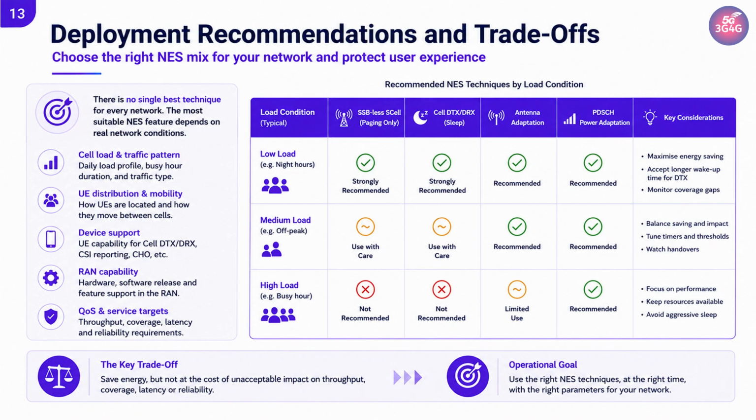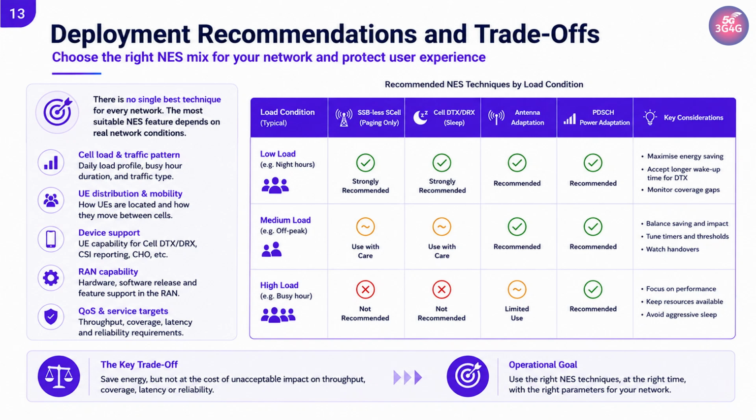There is no single best network energy saving technique for every network. The right feature depends on the real deployment. A low load cell at night may be a good candidate for SSB-less SCell, cell DTX, antenna adaptation, or power adaptation. A medium load cell may require a more careful balance.